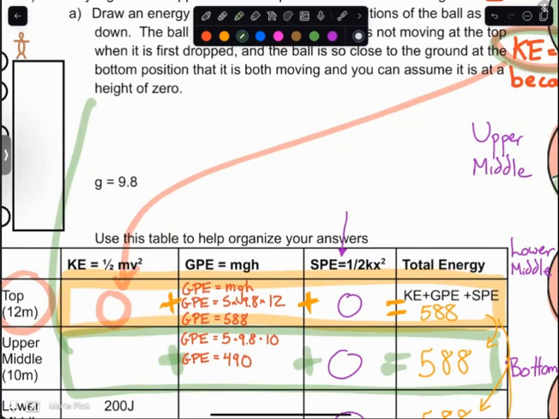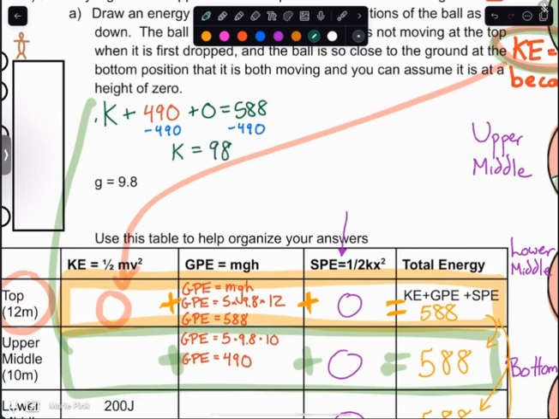So my kinetic energy, whatever that is, plus 490 plus 0 is equal to 588. I can minus 490 from both sides, and that means my kinetic energy is equal to 98. So now I can stick that here. This is 98. Not hard.